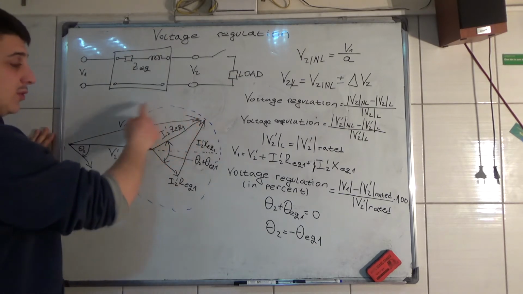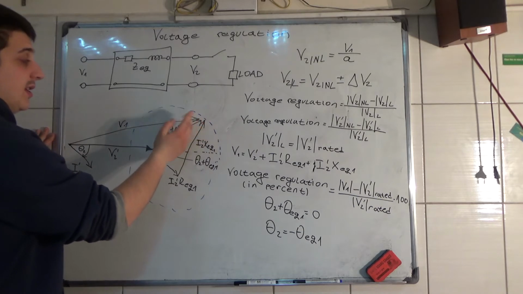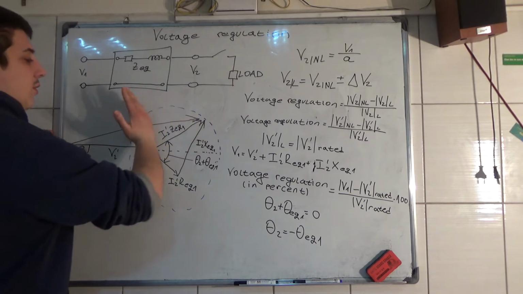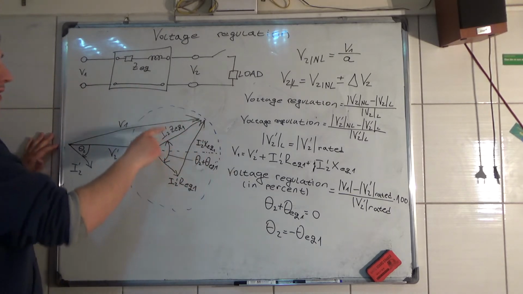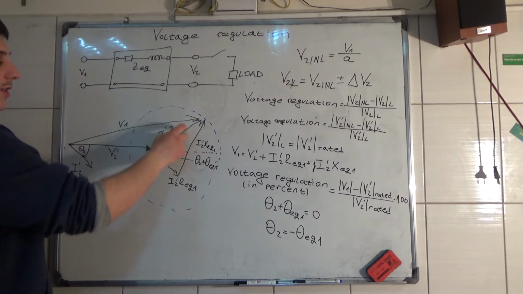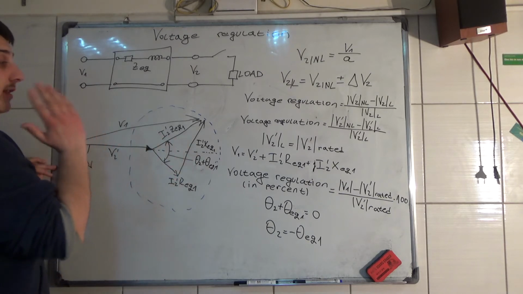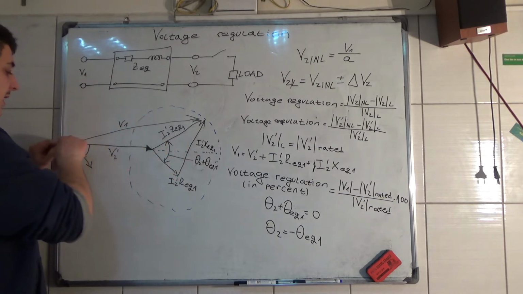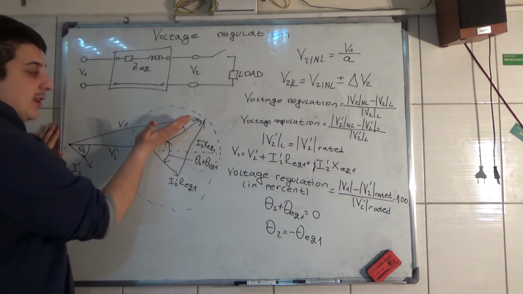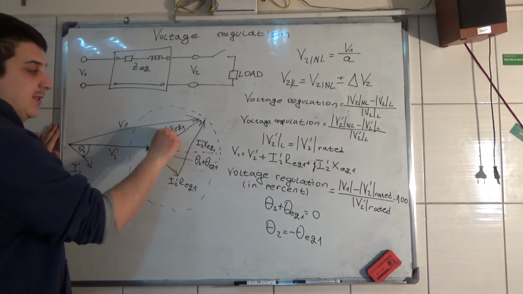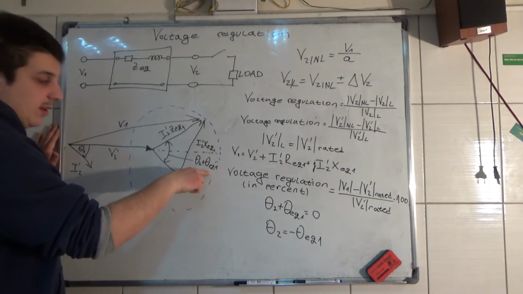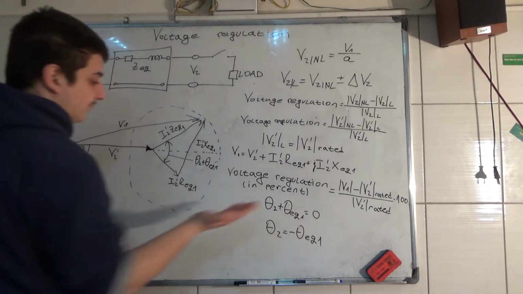And this blue circle here is the locus of V1. So this I2 Z equivalent can go something like this. It's not a perfect circle, and that's how V1 is going to change depending on the load. So the biggest magnitude V1 is going to have is from here to here, and in order for I2 prime Z equivalent to go here, theta 2 plus theta equivalent 1 must be equal to 0.